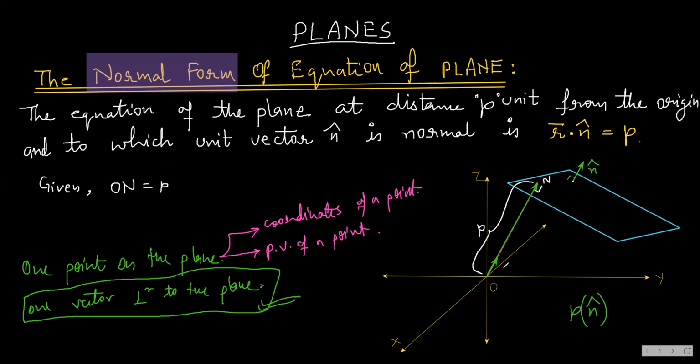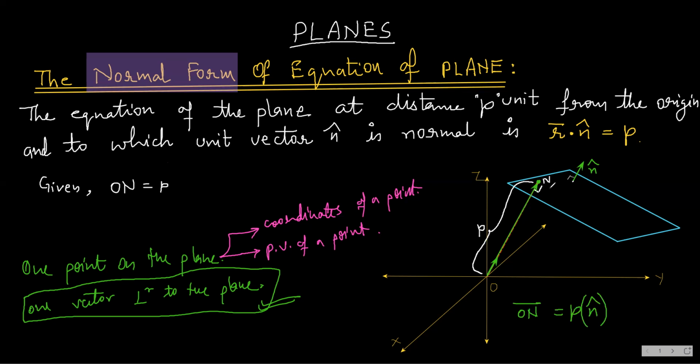And the moment you get this vector, what did you get? You got the position vector of point N. If you got p n cap, it is On bar. And the moment you get On bar, you got the position vector of point N. So you have one point on the plane.